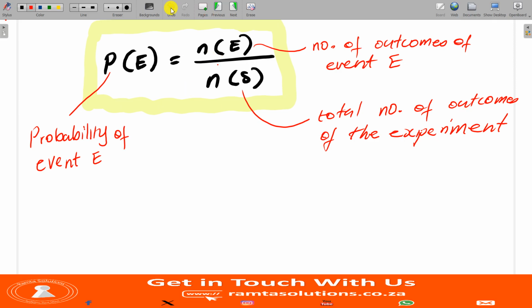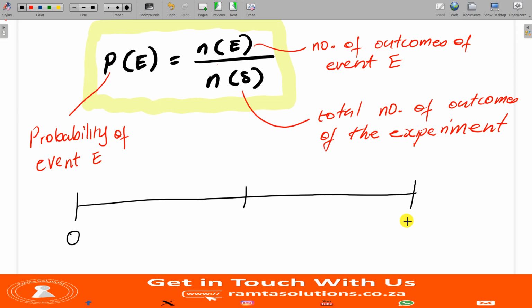Let's proceed. Probability can also be represented on a scale. I'm going to draw this: your probability is between 0 and 1, and the middle here will be 0.5. What does it mean if your probability is 0?